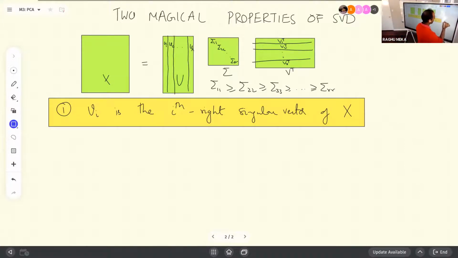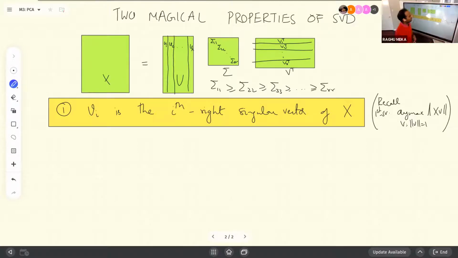So recall, the first singular vector we defined as argmax of X times v, where v was unit norm. And it's saying the first row of the singular value decomposition, when I order the singular values in decreasing order, gives you the solution. Okay?